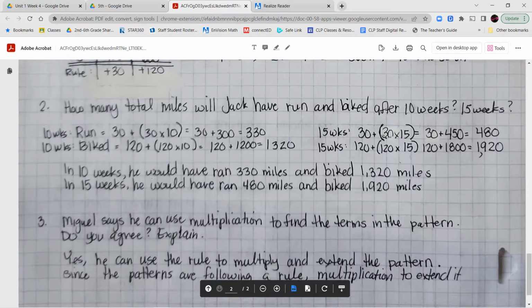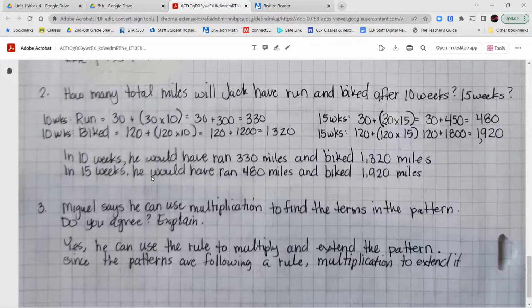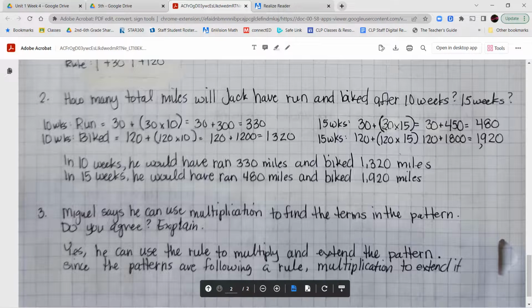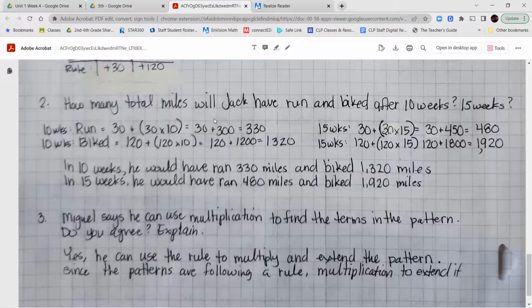Number 2, how many total miles will Jack have run and biked after 10 weeks and after 15 weeks? So after 10 weeks of running, we're going to start with our 30, and then we're going to do the 30 times the 10 weeks. So after 10 weeks, he would have done the 30 times 10, which would have given you 300 miles run.